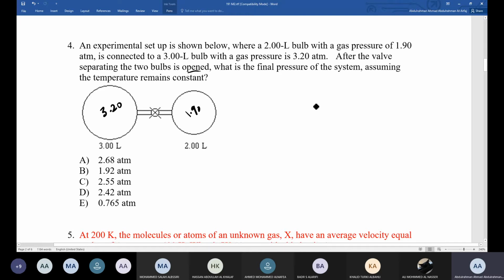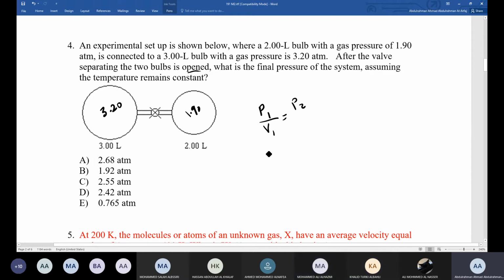What can you do? Write 2 equations. What kind of equation? P1V1 equals P2V2.